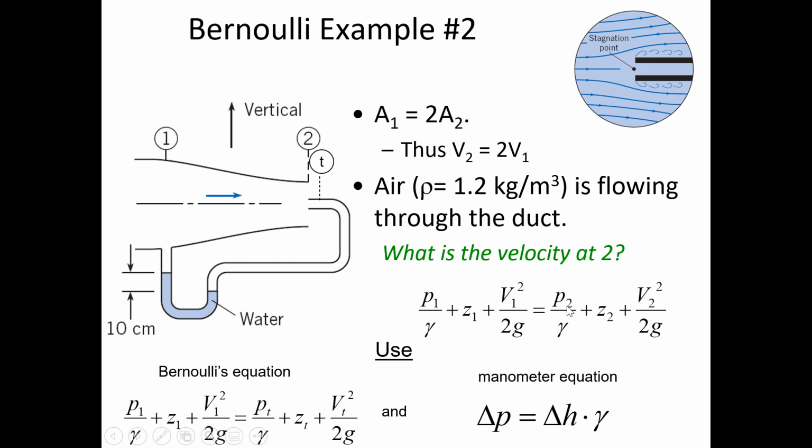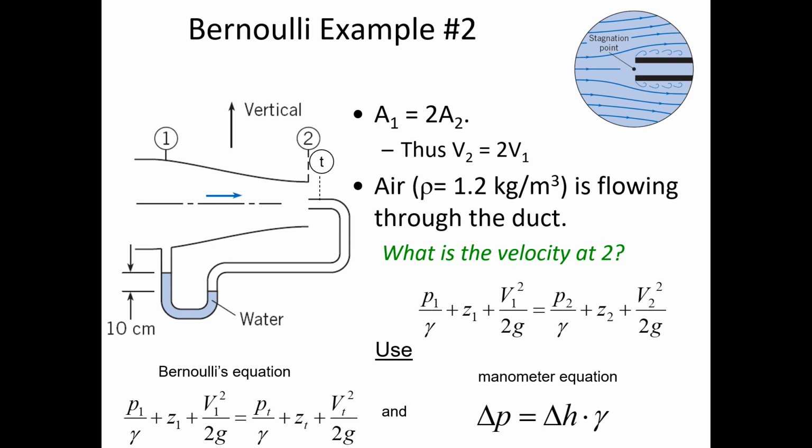See how right here it says 2 for each of the terms on the right-hand side? It could also say T. So as long as you're on the same streamline, the energy at 1 is equal to the energy at 2, and that's equal to the energy at location T. It's just what form the energy exists in that is being exchanged. You're having less velocity and more pressure at T compared to 2.